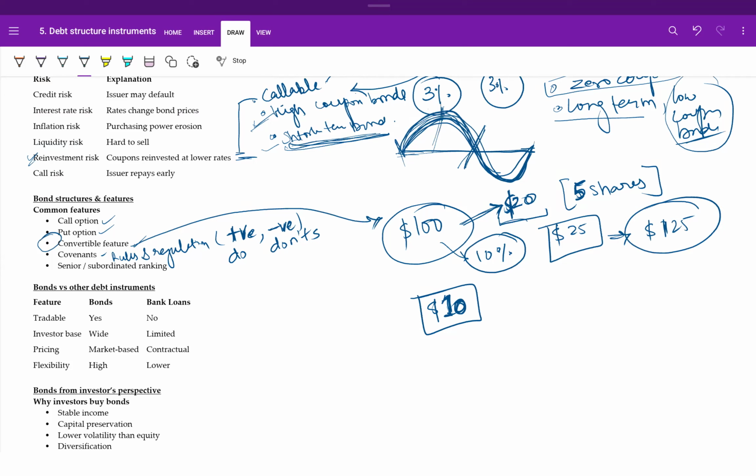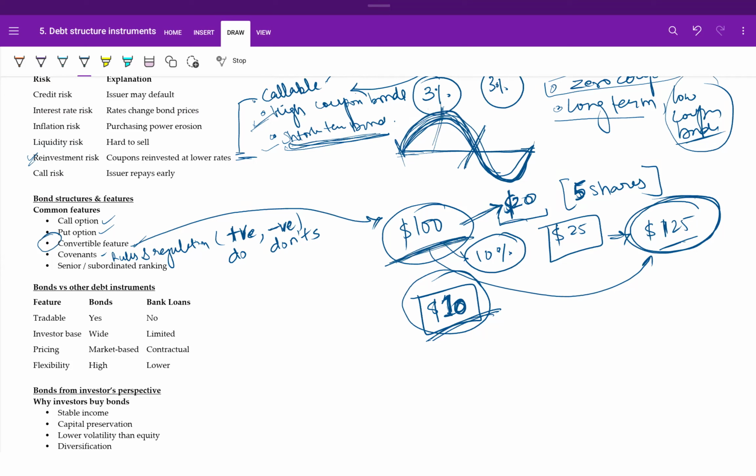You can sell those stocks immediately in the market. You can convert your bond into 5 stocks and book $125. You will let go of the coupon, but you will have an upside in the equity. Otherwise, you will only be having $10 of coupon payment annually.